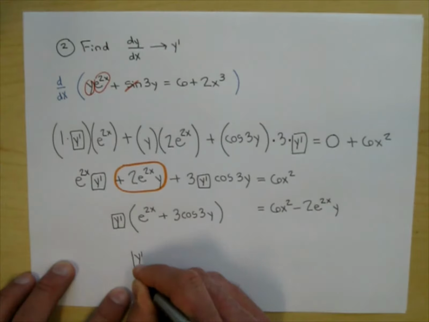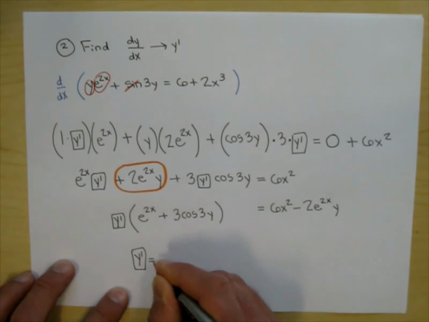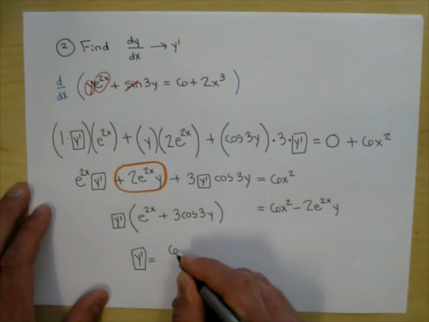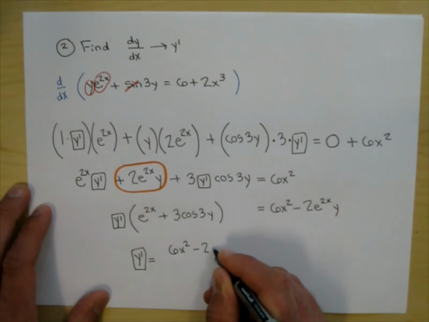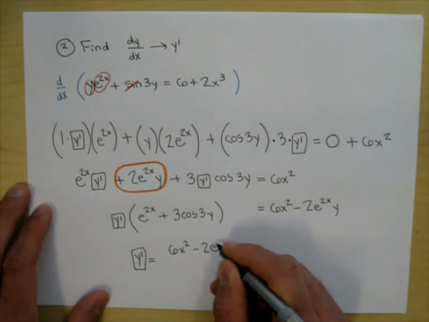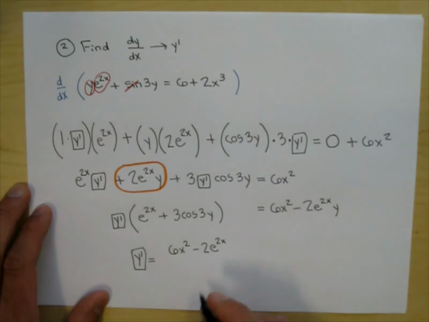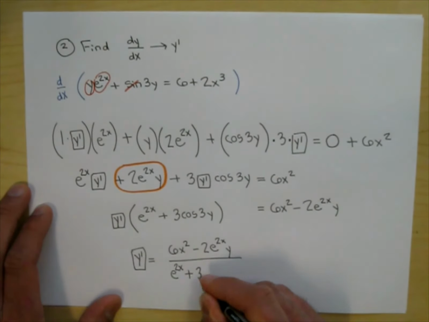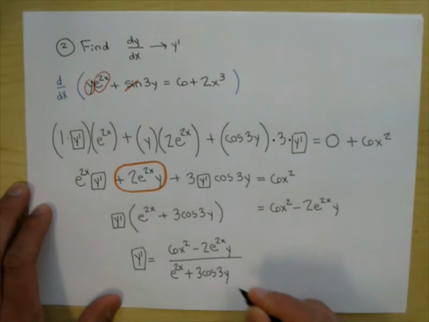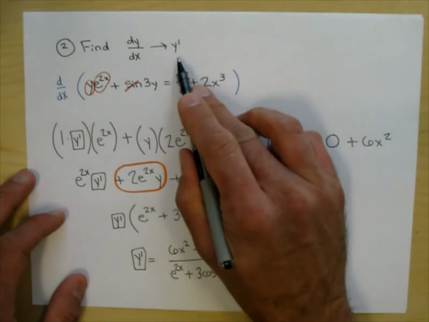So y prime equals this fraction here, 6x squared minus 2e to the 2x y, and on the bottom I have e to the 2x plus 3 cosine 3y. And that's all they wanted me to find.